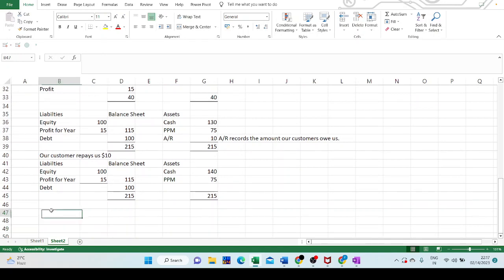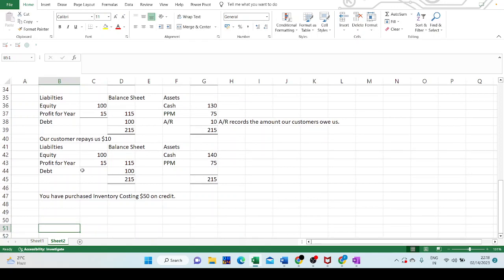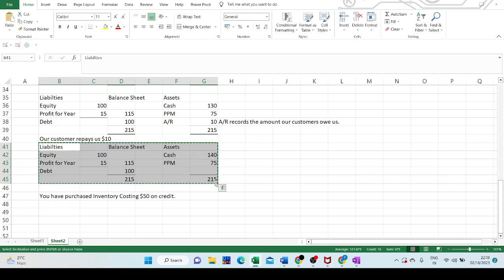Now guys, the third idea is that you have purchased inventory costing $50 on credit. So now see, how will you report this on your balance sheet?